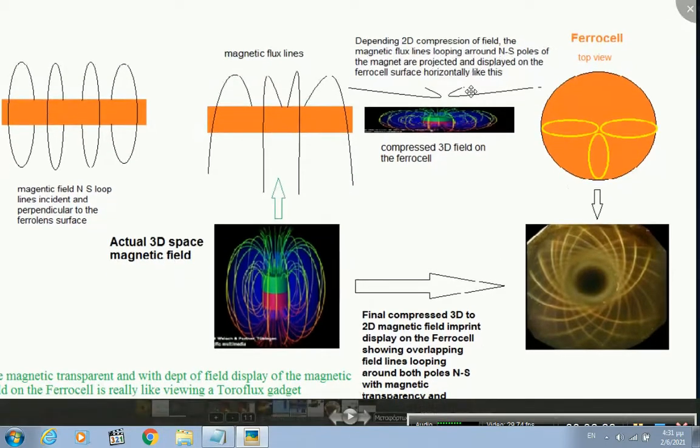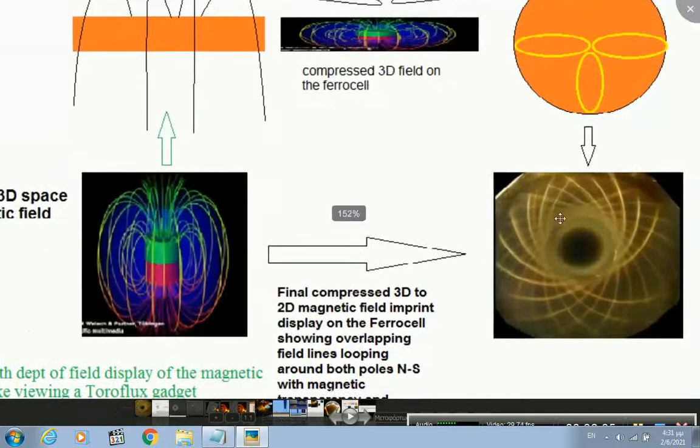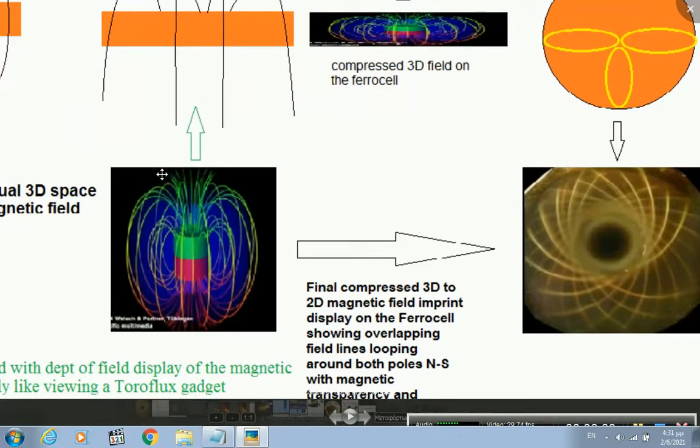So now we explain how the lines are actually laid horizontally and not projected horizontally on the surface. You can understand also how this brings us to this image here. Yes, here is the cell.